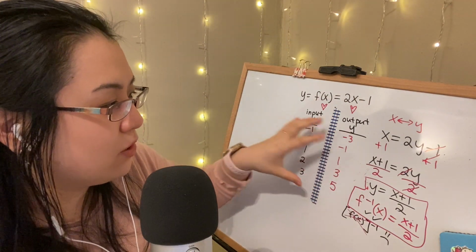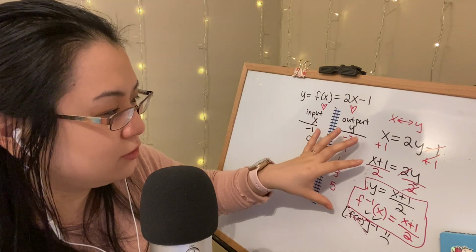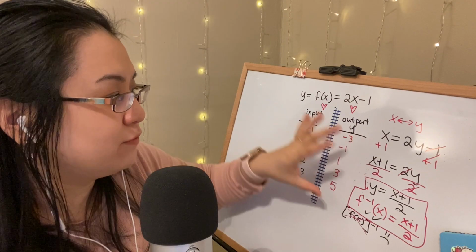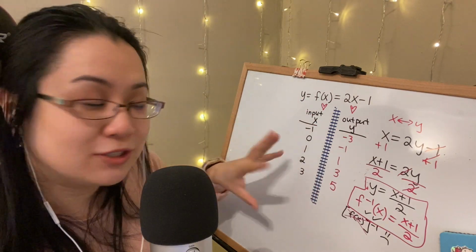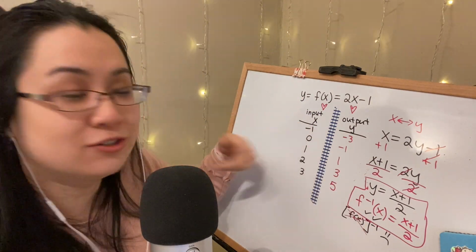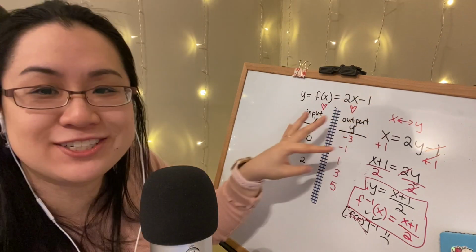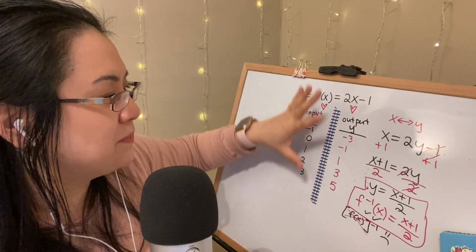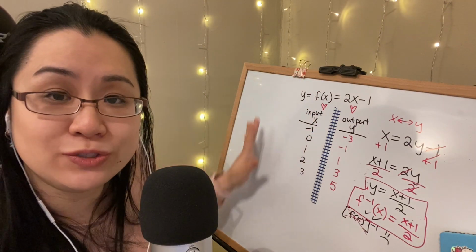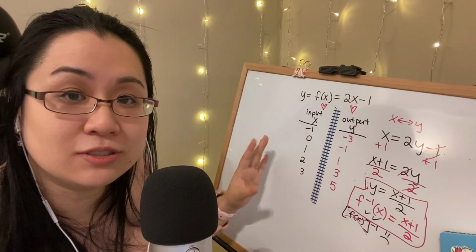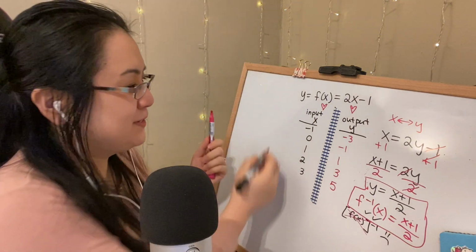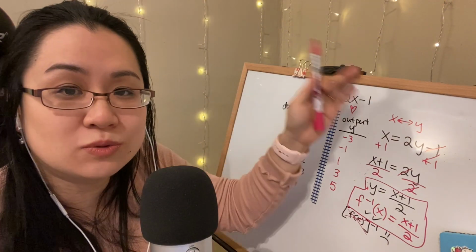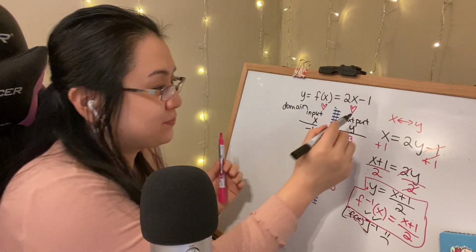Now we need all of our outputs, which are now inputs to our inverse, to have one clear output, which is actually our original input, if that makes sense, because we switched our x and y's. So all the possible values for x, our inputs, is called the domain. You may have heard of it before. And all the possible y values is called the range.